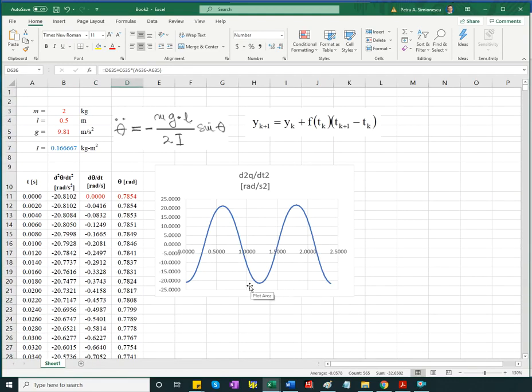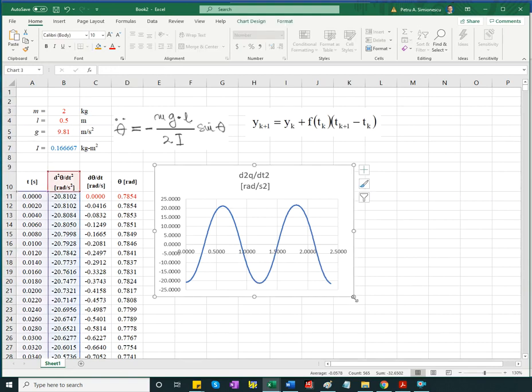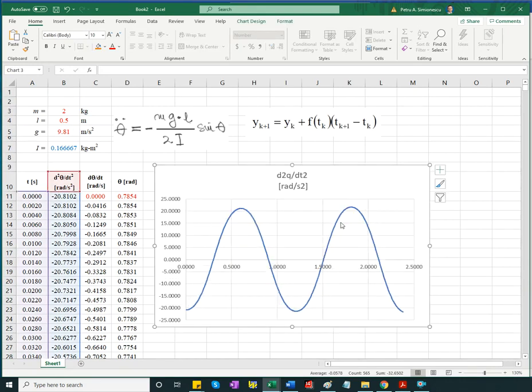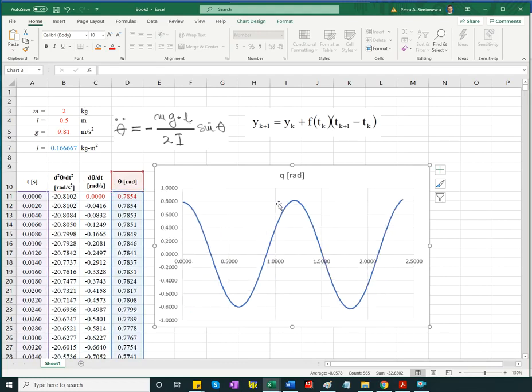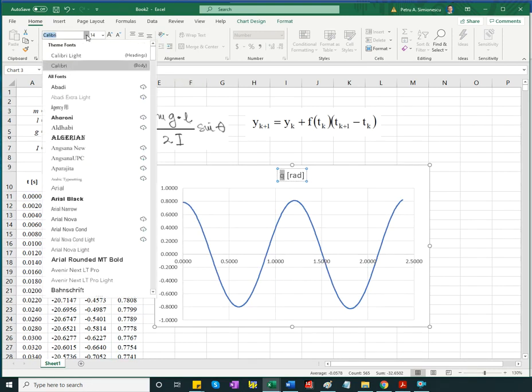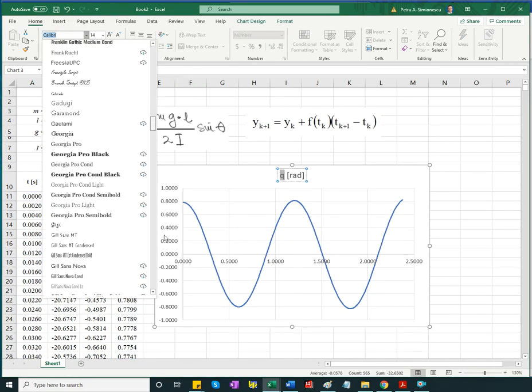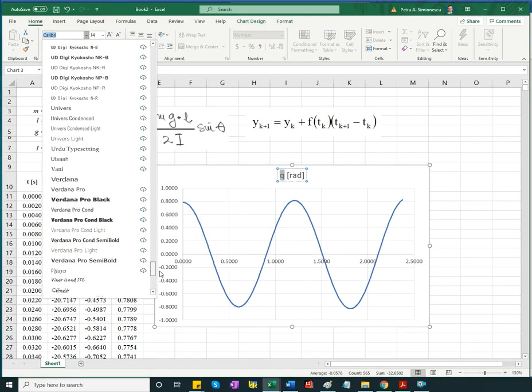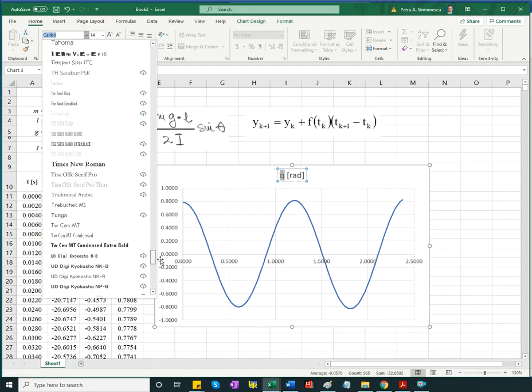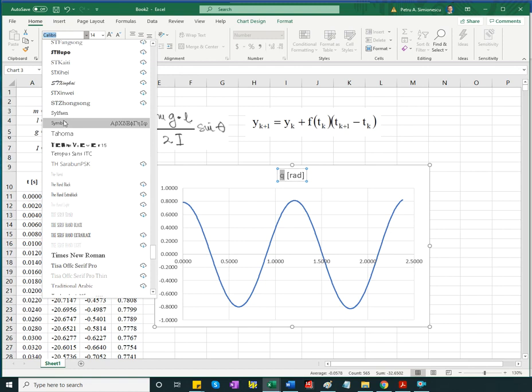Okay. And this may look like a sine wave. It's only 45 degrees. We can play scenarios. I have an interest in the displacement rather than acceleration. And this was symbol.